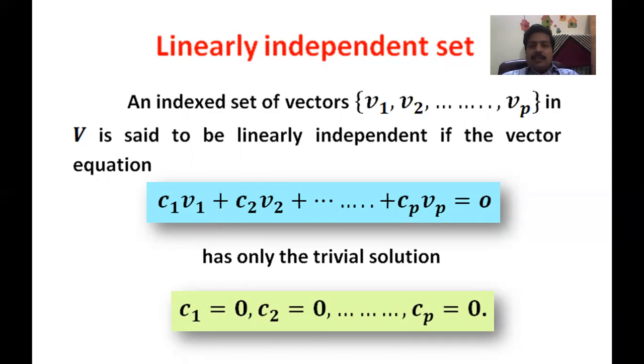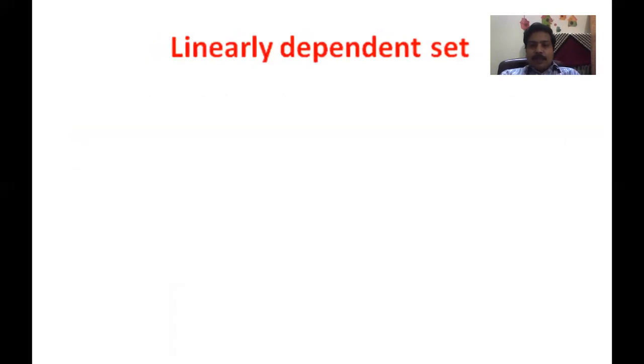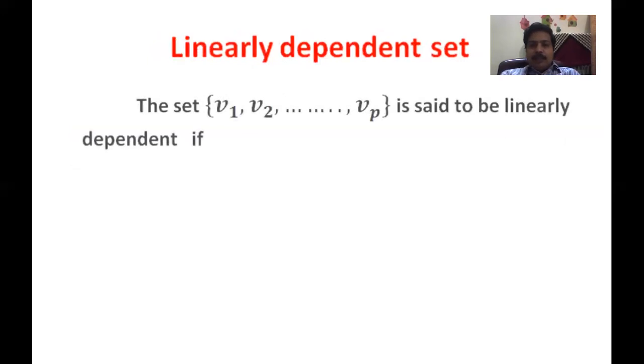So if the relation c1 v1 plus c2 v2 and so on plus cp vp has only the zero solution and no other solution, then we can say that the vectors used in this relation, v1, v2 and so on vp, are linearly independent. And if we are able to find a non-zero solution for the same, then we can say that the set is linearly dependent.